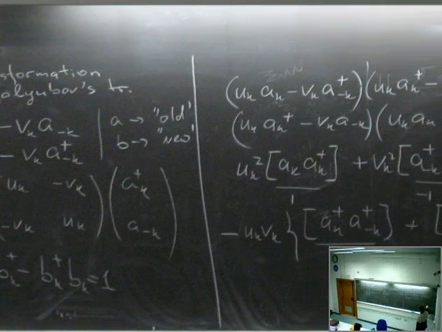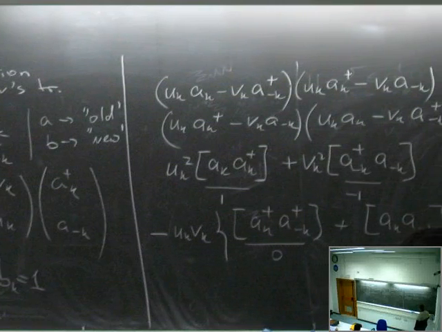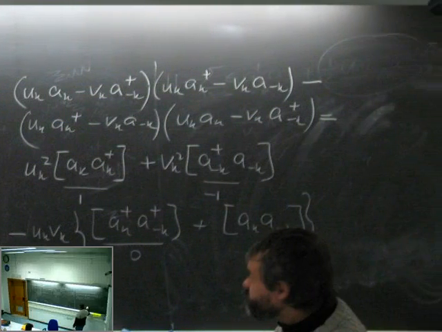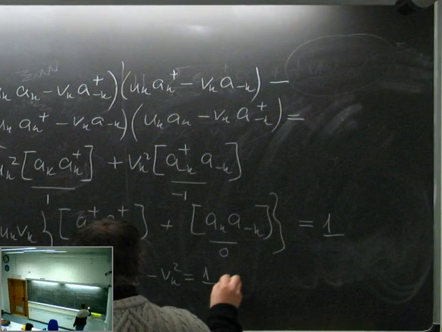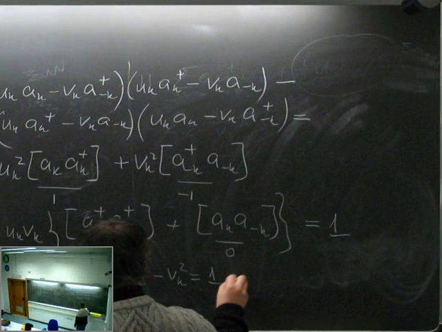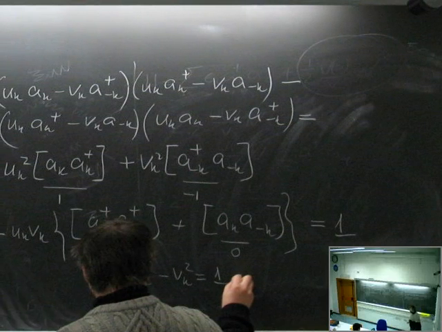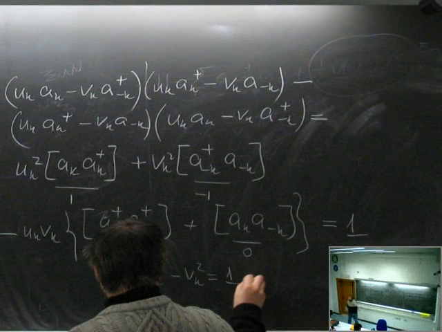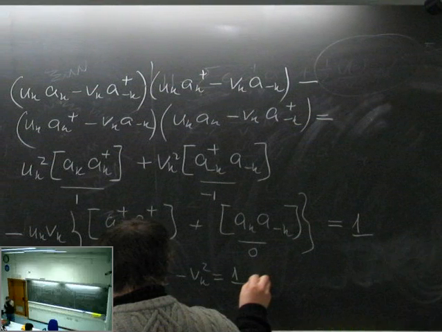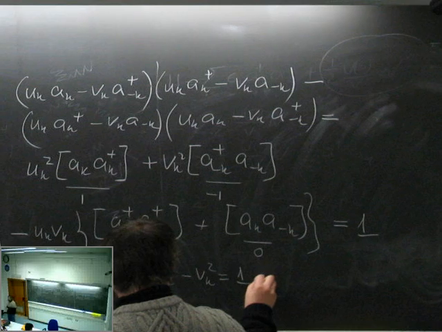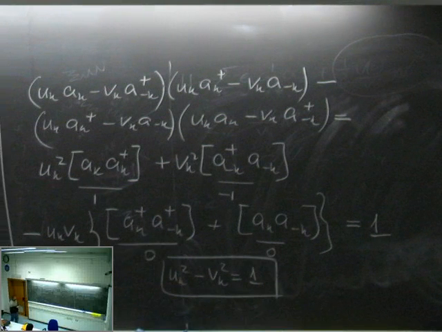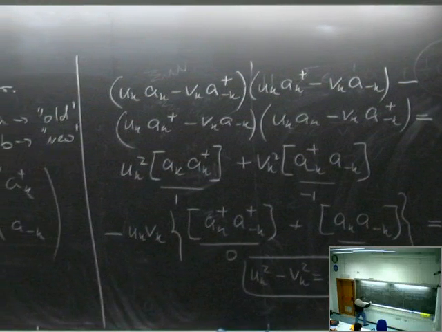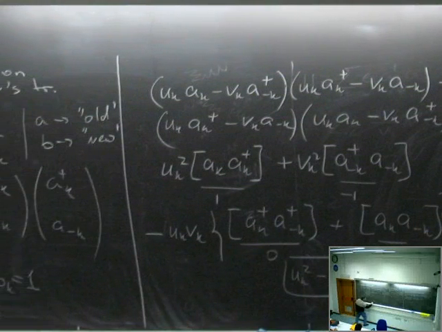So this should be equal to 1. What I see is that U_k squared minus V_k squared is equal to 1. This is the extra condition which I have to impose in order to be sure that my new quasi-particles are bosons as well as my old quasi-particles. So I will put it here: U_k squared minus V_k squared is equal to 1.